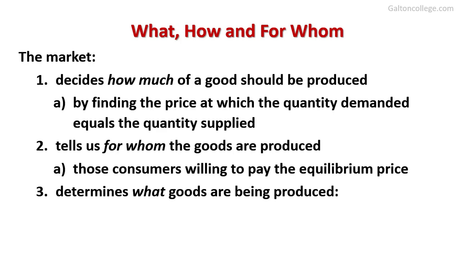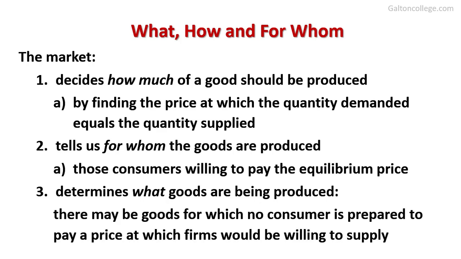It determines what goods are to be produced as well. These are the ones where the producers can make a profit. If they can't make a profit, they have no incentive to make the goods. There may be goods for which no consumer is prepared to pay a price at which the firms will be willing to supply. So it could be that the producers set the price so high nobody wants it.